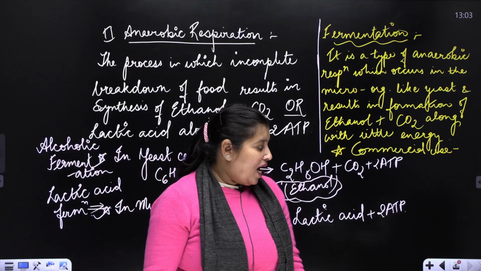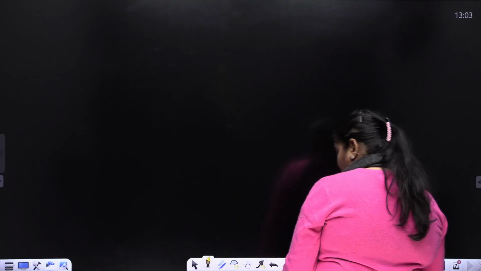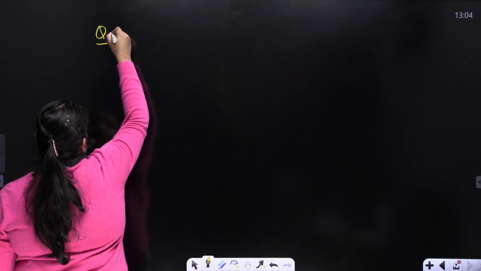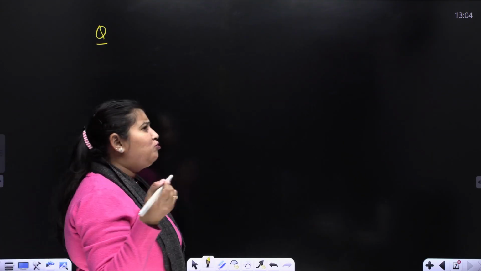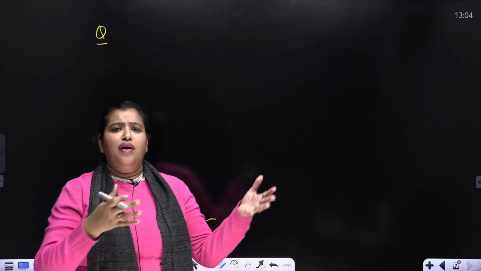Now children, I will discuss one important question here with you, and that question is, why, first of all, can you think of that the muscle cells of animals are doing anaerobic respiration, although we are inhaling so much oxygen throughout the day?